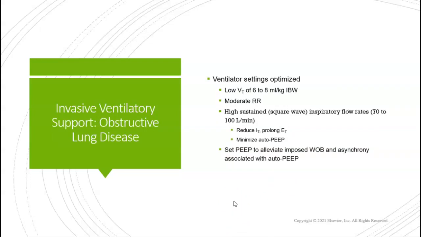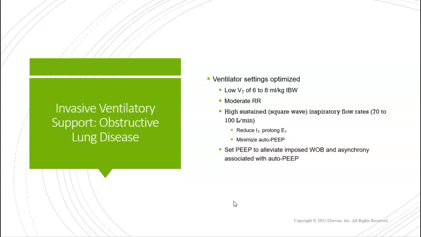Okay, with our COPD patients, we're usually going to optimize our settings. And this probably can be a little bit true of a lot of the patients that you're going to see on ventilators, mostly because most of your patients that are on ventilators are going to be COPDers. So you want to do lower tidal volumes as well. This range is somewhere between 6 and 8 milliliters per kilogram, which is probably true of most of your patients.